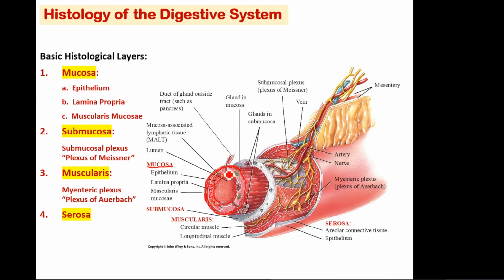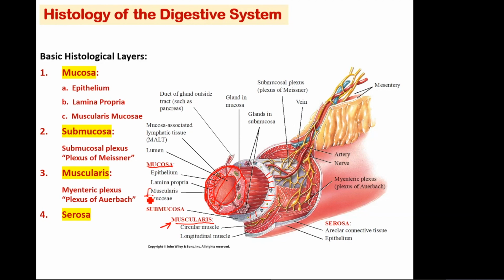Now, these three structures are known as the mucosa, or you can say mucous membrane, the same. Outside the mucosa, you have the submucosa, this layer. Outside the submucosa, you have a muscular layer known as muscularis. Listen, it's the muscularis, not muscularis mucosa.